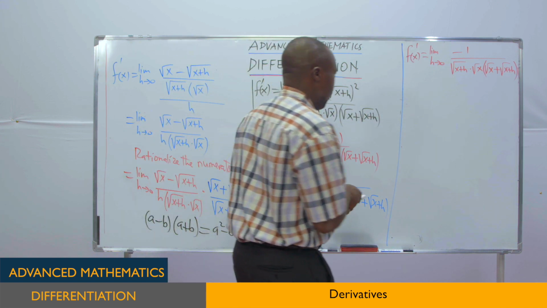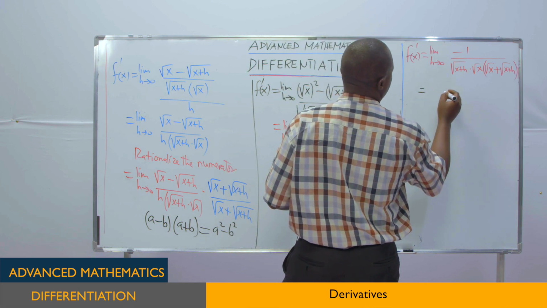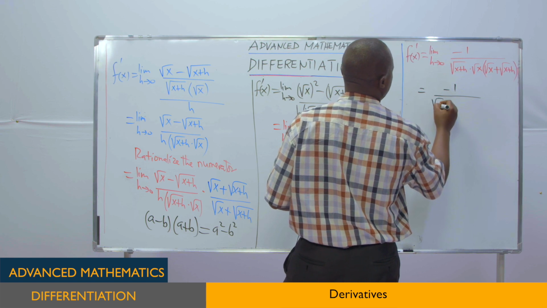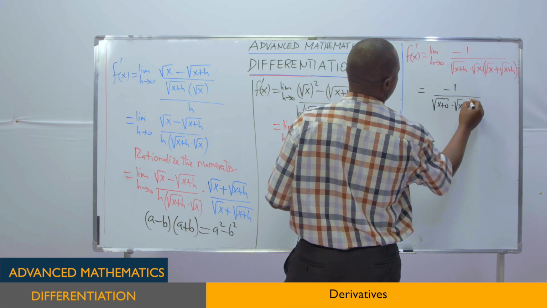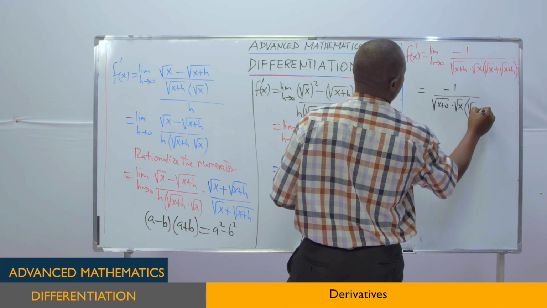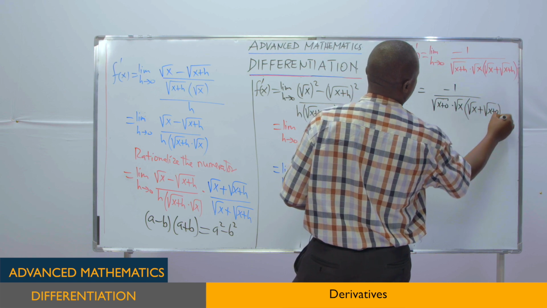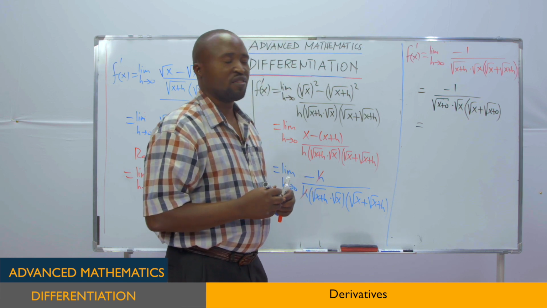So here we have negative 1 over square root of x plus 0 times square root of x bracket of square root of x plus square root of x plus 0. So x plus 0, that is x.